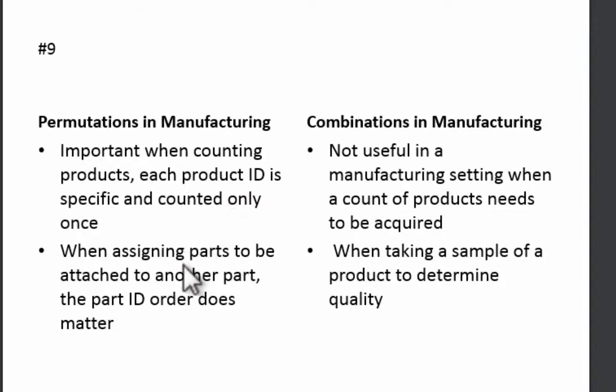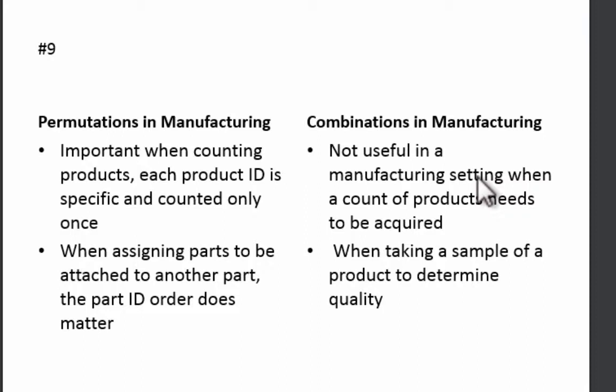Also, when you're assigning parts to be attached to other parts, like on an assembly line, you'll want a part with an ID to be attached to a specific next part in the line. If it was a combination and the IDs could be 1, 2, 3 and 3, 2, 1 and counted as the same, then you would get your parts mixed up when you go to attach them.